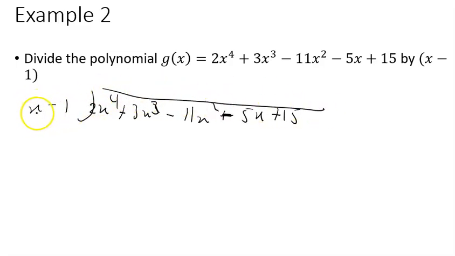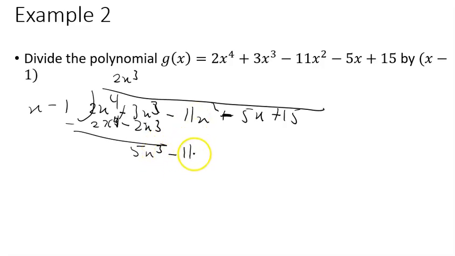s minus 1. S goes here, it can cancel 2, so we have 2s cubed. 2s cubed times s is 2s power 4. 2s cubed times minus 1 is minus 2s cubed. Then you subtract as usual. 2 minus 2, 0. 3 minus minus 2, we get 5. So we have 5s cubed here.